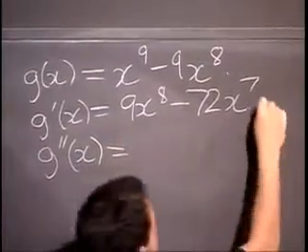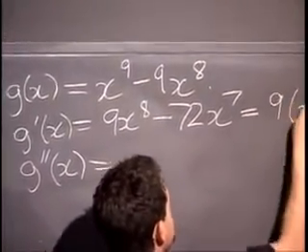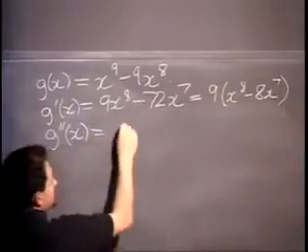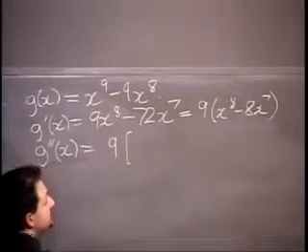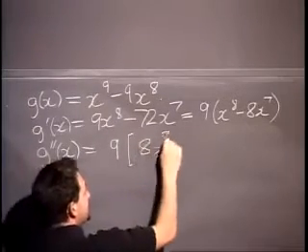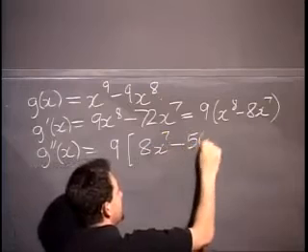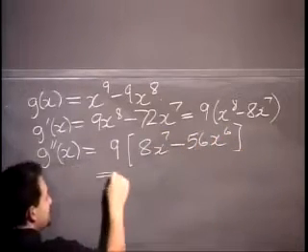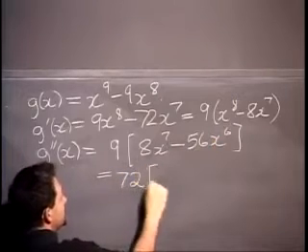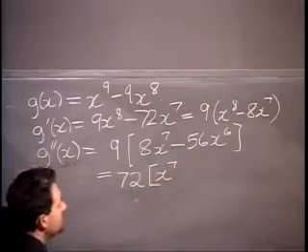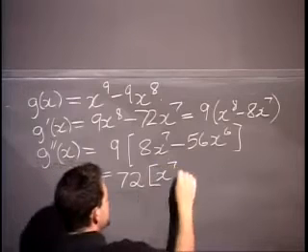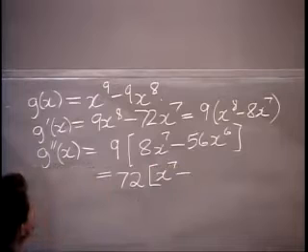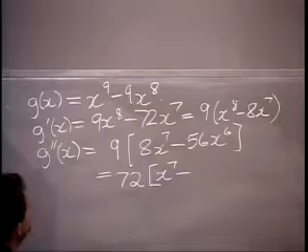actually, let's take out a factor of 9 first. You will find you get 9 outside of 8x to the 7th minus 56x to the 6th. You can take out a further factor of 8 and get 72 outside of x to the 7th minus, is this what I wanted?